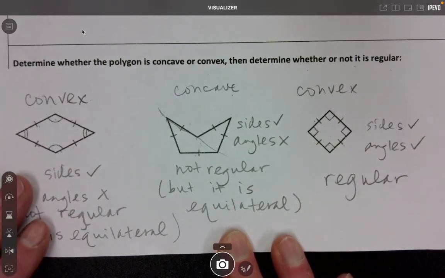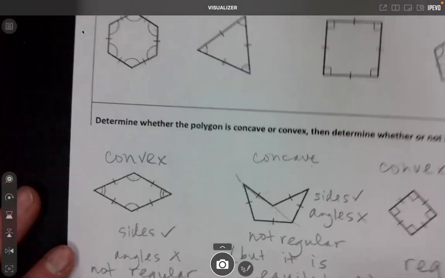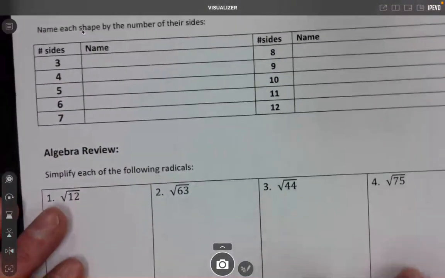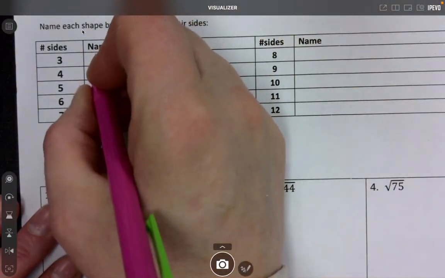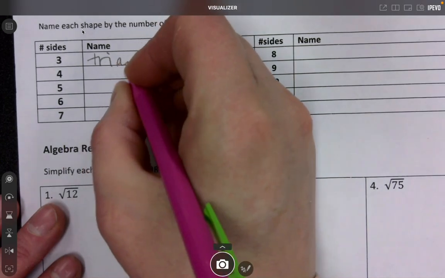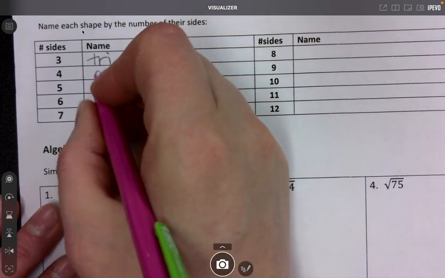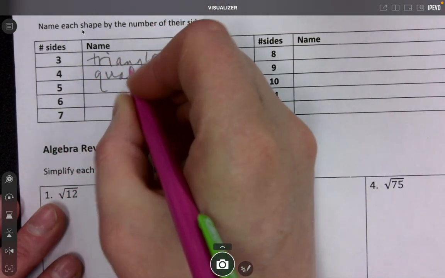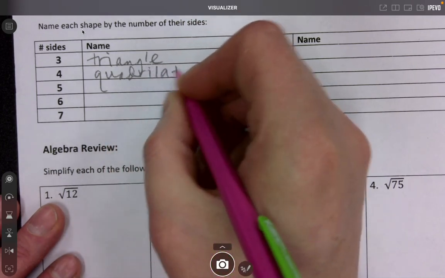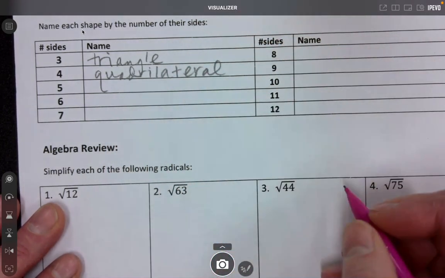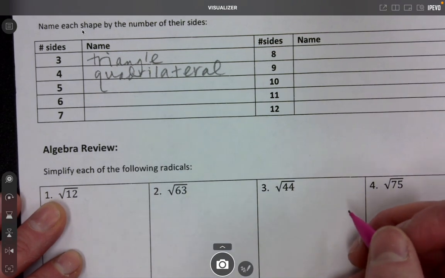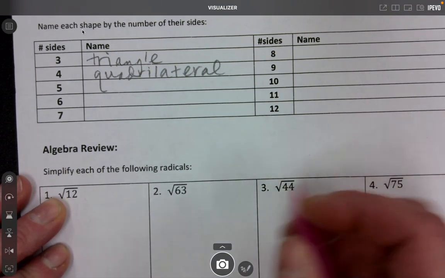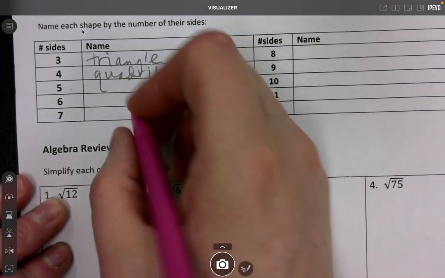So let's go ahead and go to the back of our notes. We've got more vocab. A lot of this is going to be easy for you. You probably remember that 3 sides means it's a triangle, and 4 sides means quadrilateral. So these are polygons with a number of sides. And we did this in an earlier chapter also. If there are 5 sides, that's a pentagon.